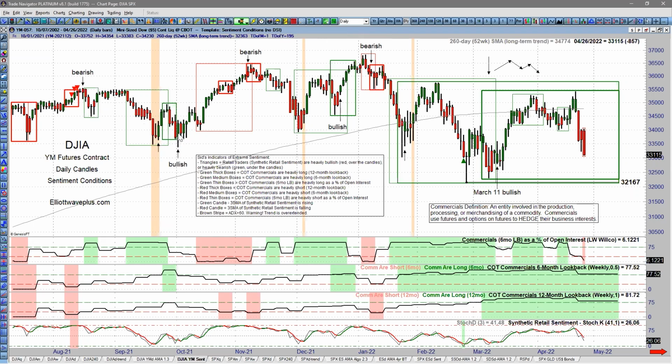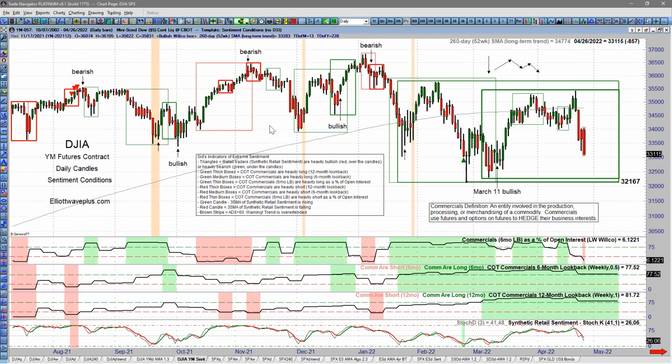Seeing this sentiment conditions template would have given you a lot of confidence in going long right there. So I'm showing you exactly where, and I wouldn't call them signals. They're inflection points that are either bullish or bearish based on utilizing this template. And it's amazing how well they have done on the Dow Jones Industrial Average.